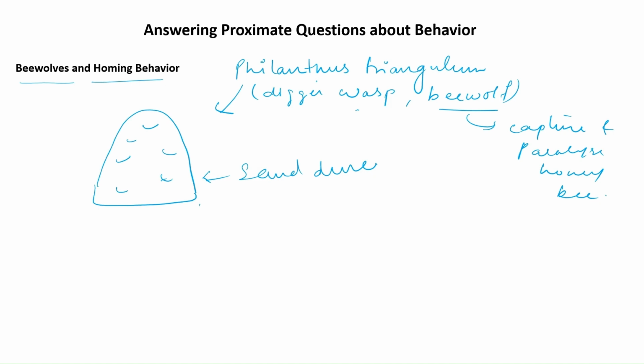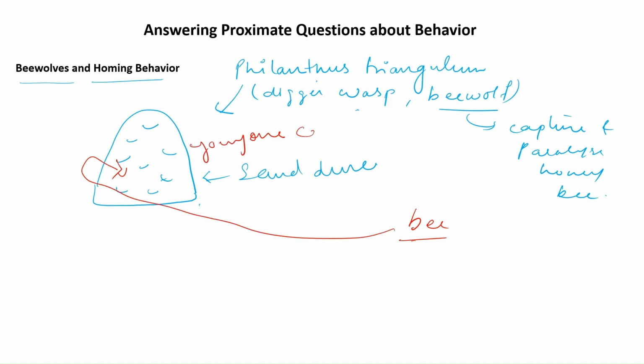For example, suppose in this sand dune, multiple bee wolf homes are there, made by multiple bee wolves. Now what he observed was that these mother bee wolves go somewhere to find their hunt, that is a bee, and they bring this bee to their home so that their young ones can feed on it after hatching.